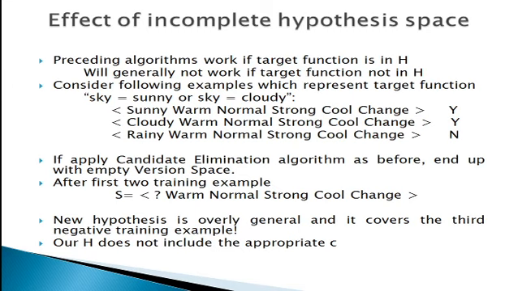It is completely general, right? So it incorrectly covers the third training example, which is the negative training example, as you can see. Here the problem is that we have biased the learner to consider only conjunctive hypotheses. In this case, we require a more expressive hypothesis space. That is the conclusion, right?